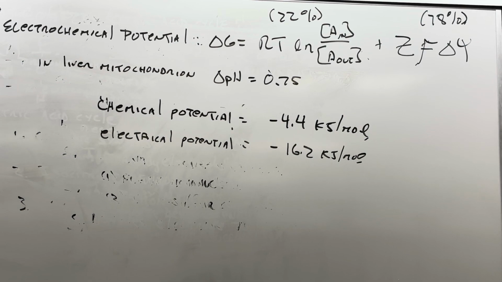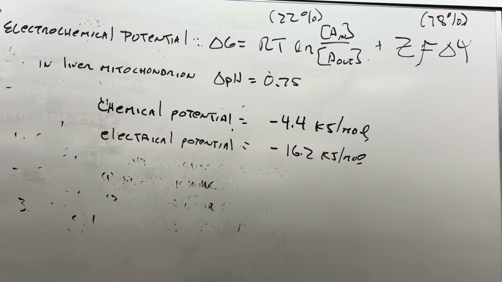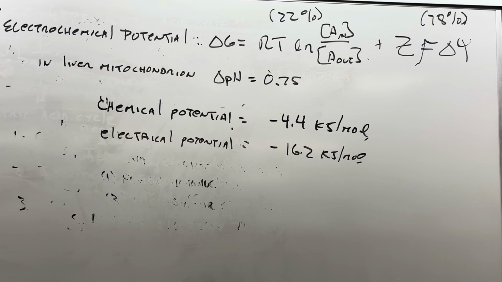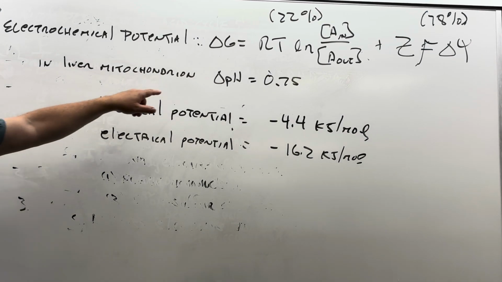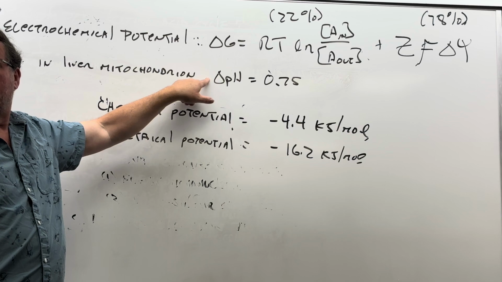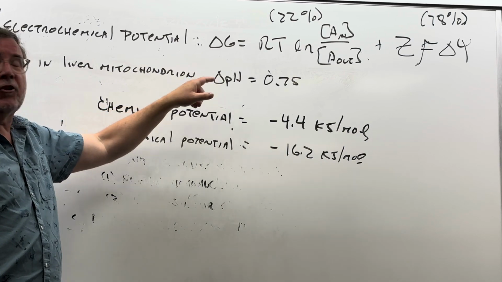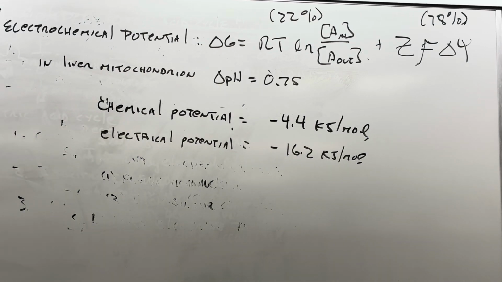Yes. So is that for the entire electron transport chain or just the proton motor? Okay, so the electron transport chain has created this delta pH. It has moved these hydrogen ions across the membrane. And now that's going to create a driving force that's going to allow these hydrogen ions to come back across, right?